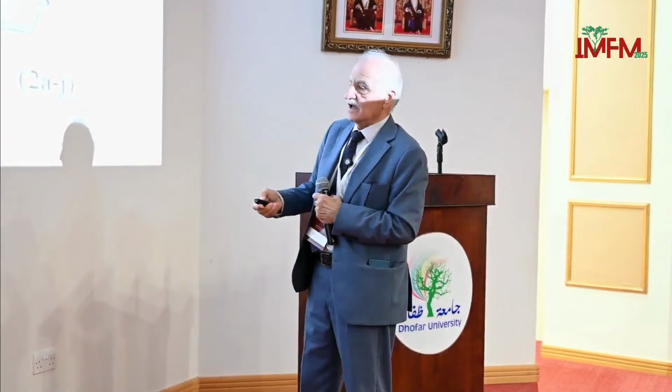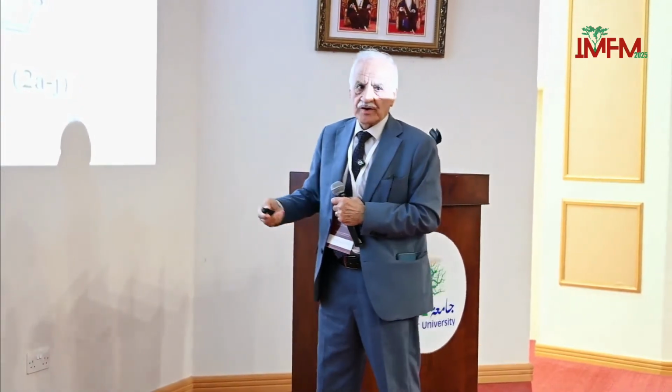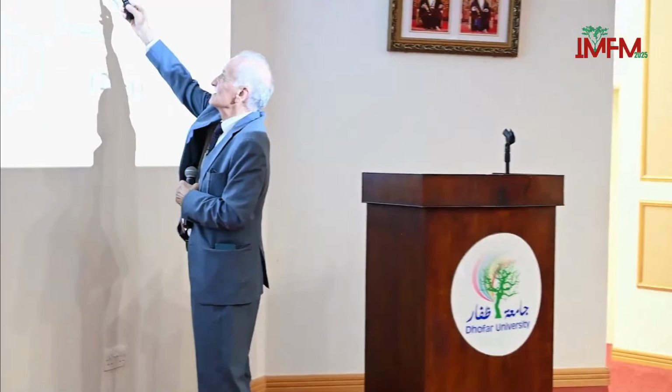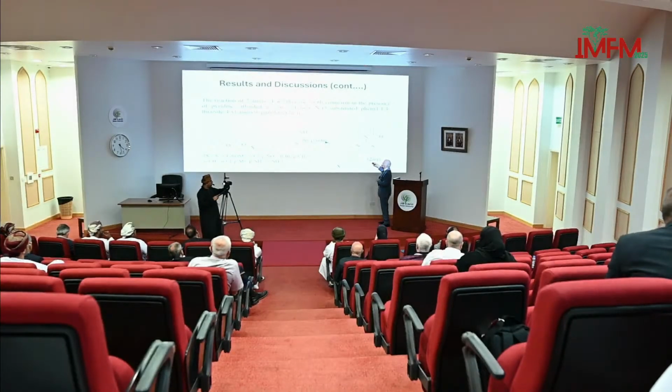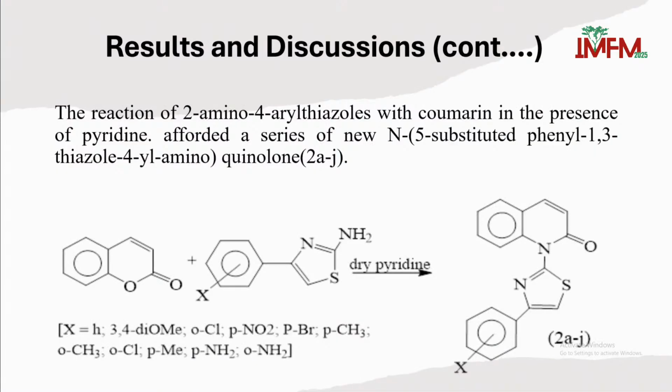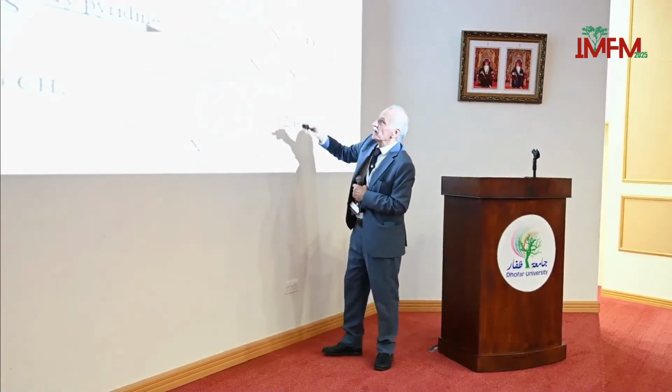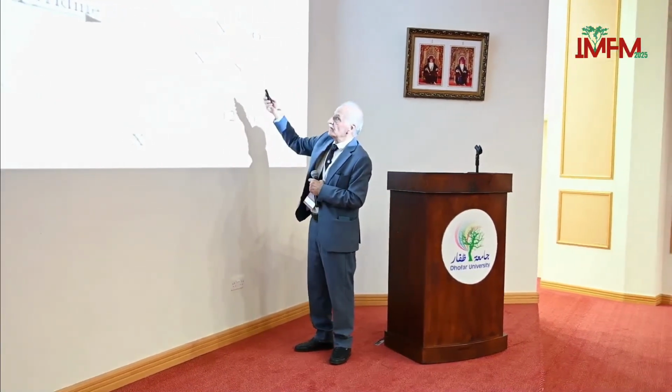It is formed by an SN2 reaction or addition of this first moiety and then condensed with the coumarin or aminocoumarin. This aminocoumarin can be synthesized first from any amino group that can attack this oxygen of coumarin to give a new product.